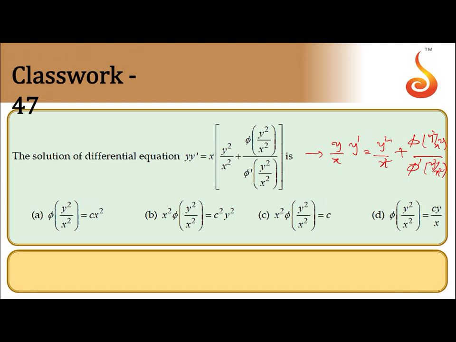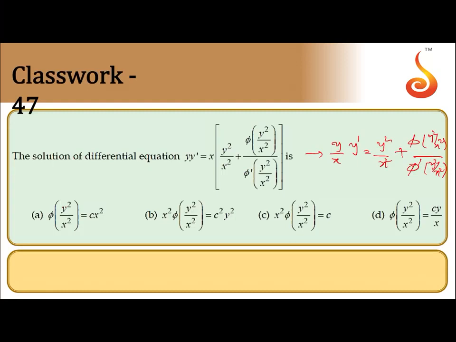Why can't you take y by x equals v, we assume that. So y equals vx, and taking the derivative on both sides, dy by dx equals v plus x dv by dx.